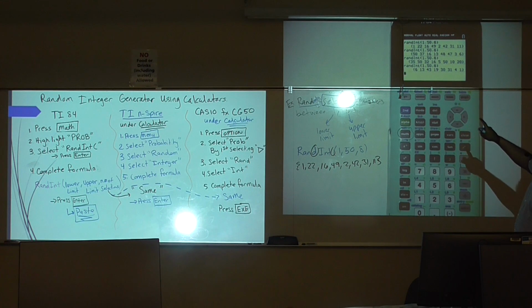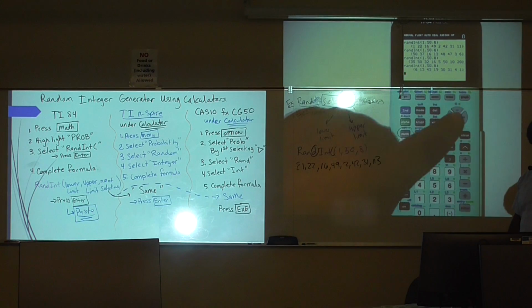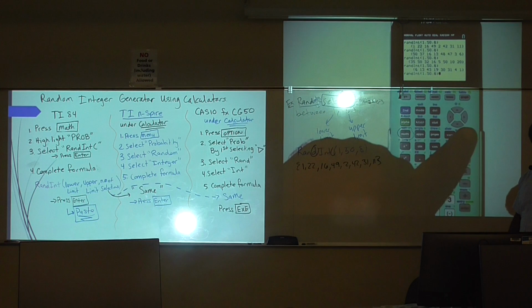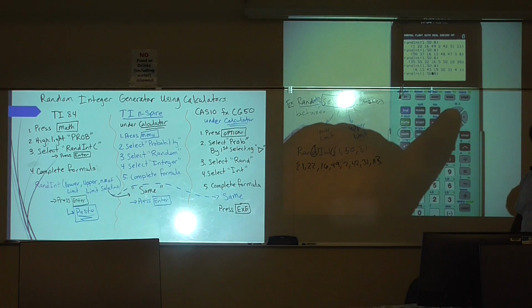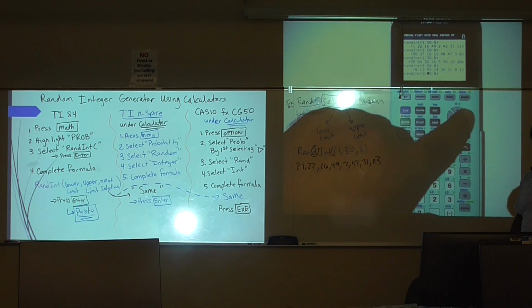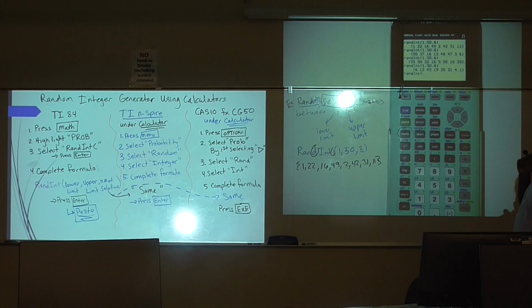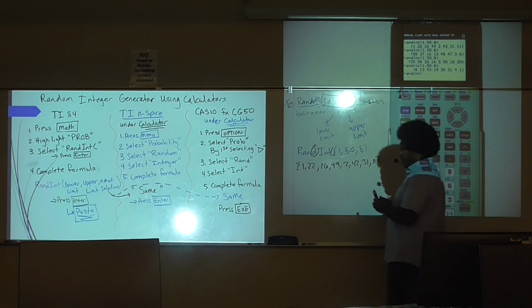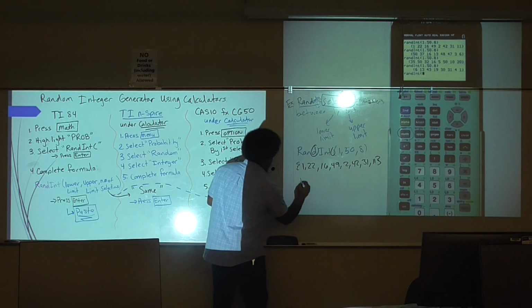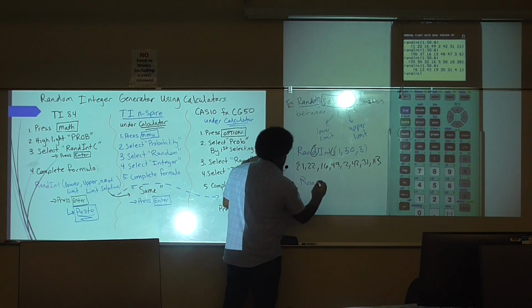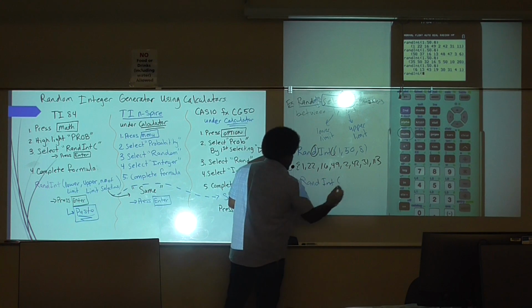One thing to keep in mind is that sometimes, depending on your calculator, you might not have the upper limit, lower limit prompts inside here, so those would be missing. You'll end up with something that looks like this, where you have only ran and the parentheses.